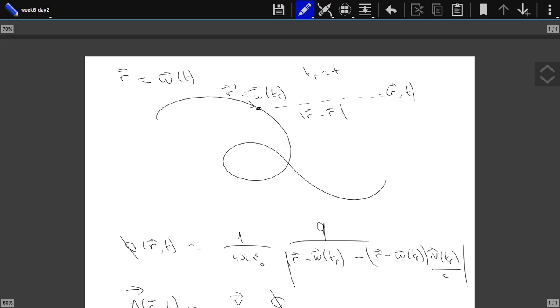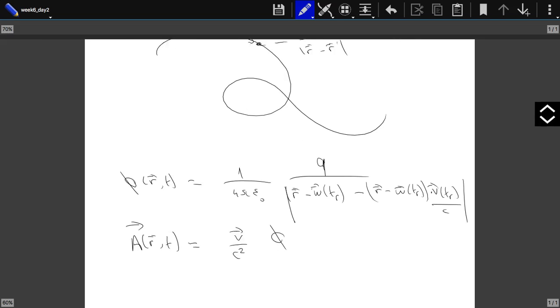For the signal to reach that point, it should leave the position of the particle at an earlier time, and the distance in time was |r minus r prime| over c, which complicates the derivations. So if you want to explicitly calculate this, you have to evaluate t_r using that relation, and then substitute it over here, obtain the potential, etc.